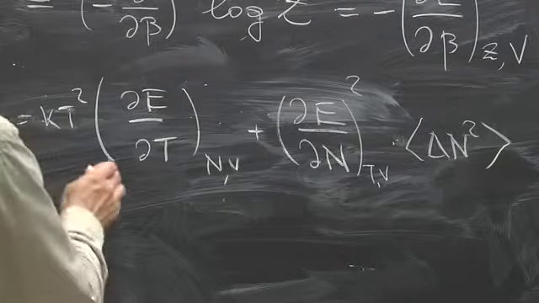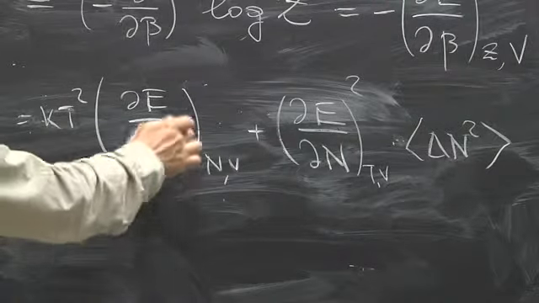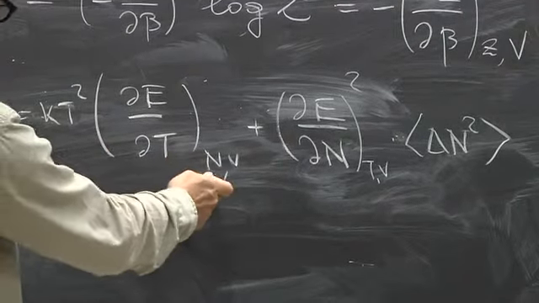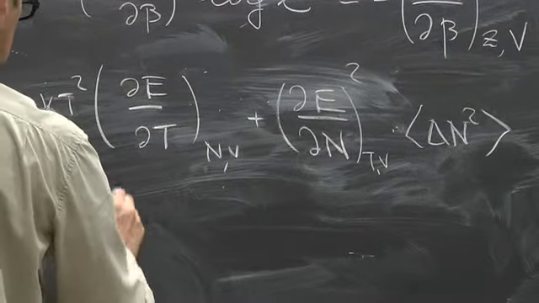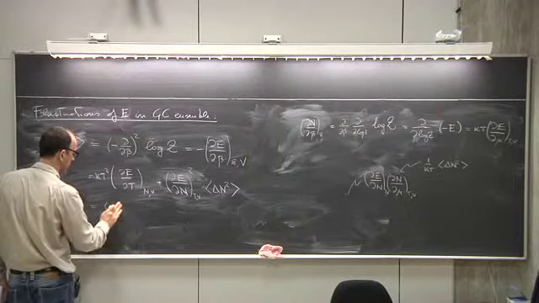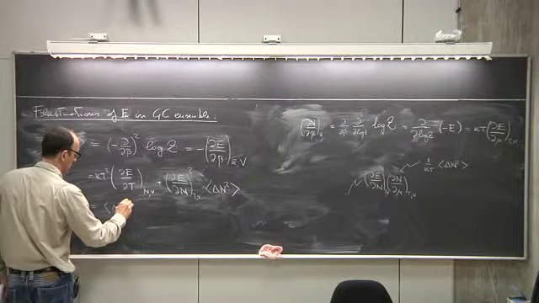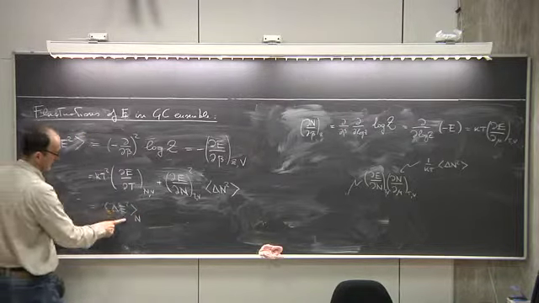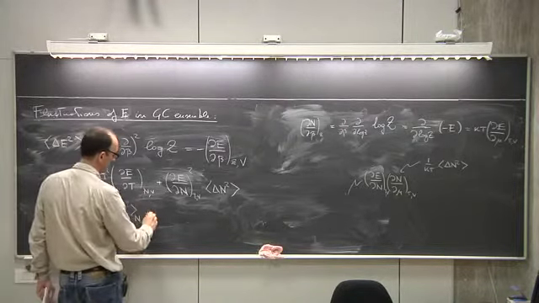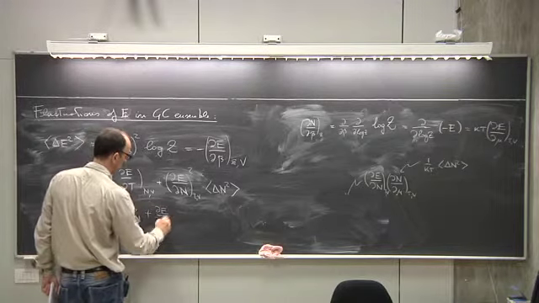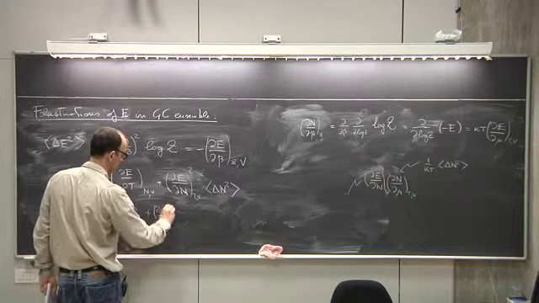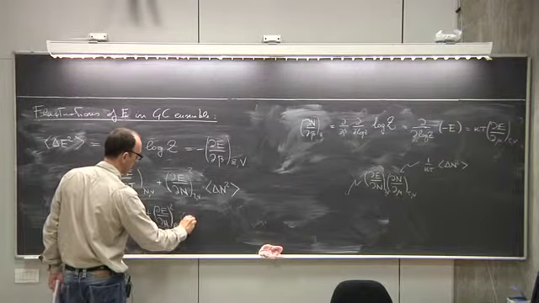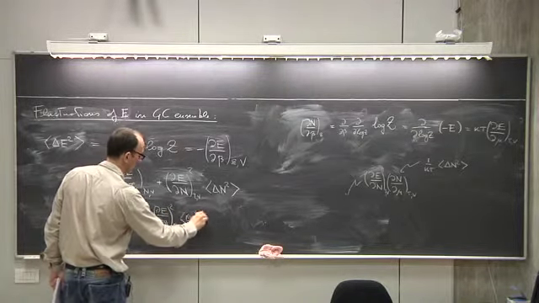And now you see this is exactly the formula for the fluctuation of the energy at constant N in the canonical ensemble. So this is precisely the fluctuation of the energy when N is fixed, plus dE/dN squared, at constant T and V, times the fluctuations of the number of particles.